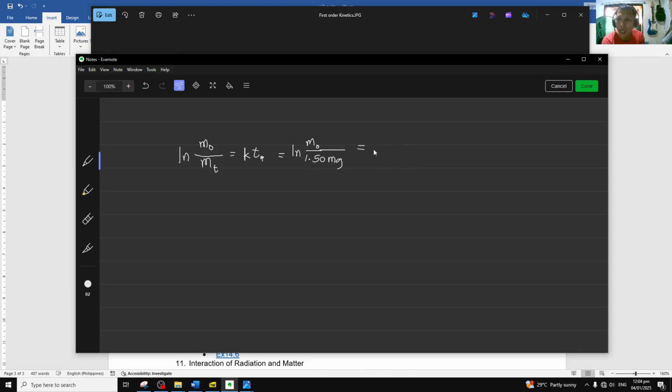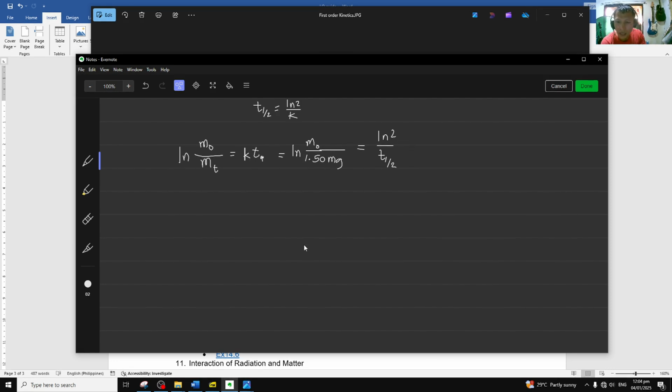So again, your k we have derived from usually a table, which is the derivation of t 1/2, which is ln 2 all over k. And your k now would be ln 2 all over t 1/2, and then multiplied by your time.